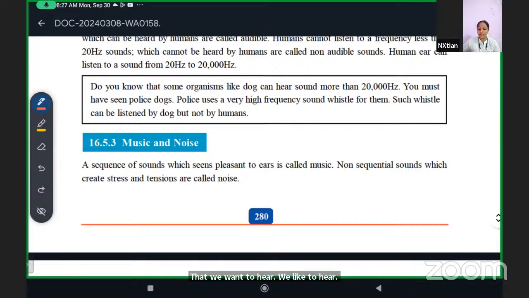A sequence of sounds which seems pleasant to the ear is known as music. But there are sounds that create stress and tension, and we don't like to hear that, is called noise. Non-sequential sounds which create stress and tension are called noise.